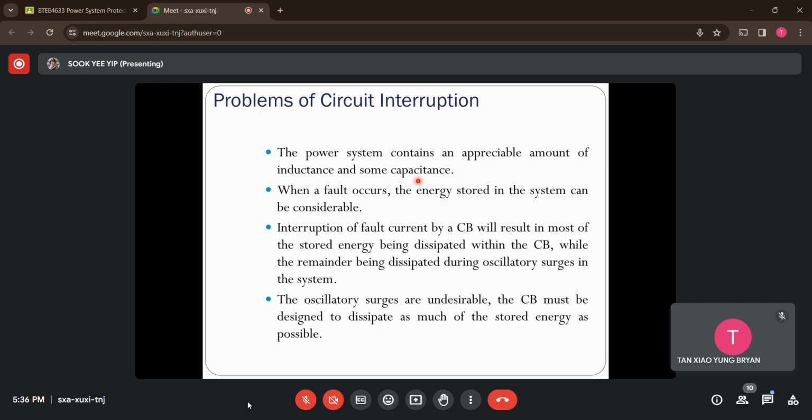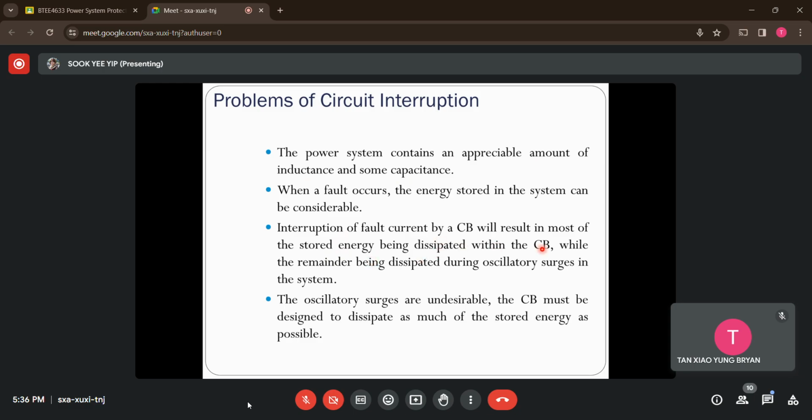So what happens if we have fault occurs, right? This energy stored due to the inductance and capacitance of the system can actually become considerable, which means that the energy stored is actually very large. So during the time, if we want to interrupt the fault currents by initiate the operations of the breakers, for this stored energy, right, it will actually mostly dissipate within the circuit breakers operations.